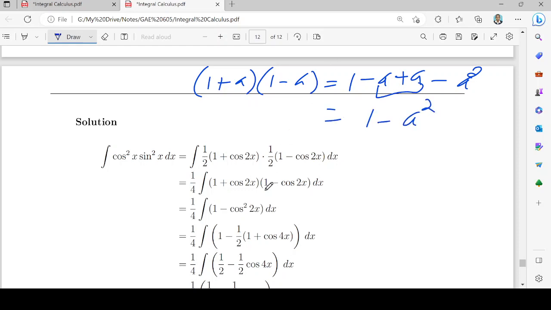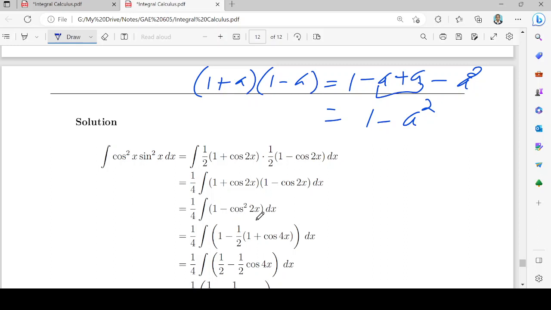Now our function is similar to this, 1 plus a, 1 minus a, only that now a is cosine of 2x. So we get 1 minus a squared, or 1 minus cosine of 2x squared.